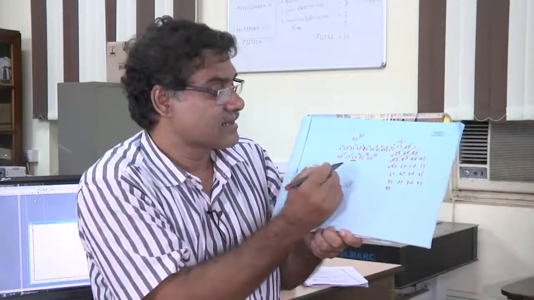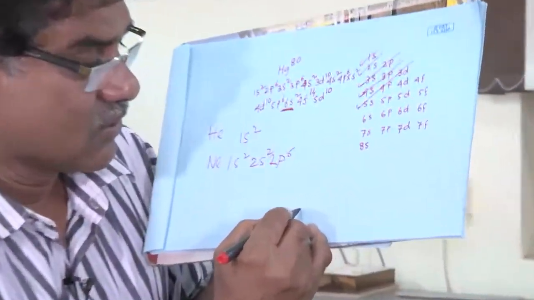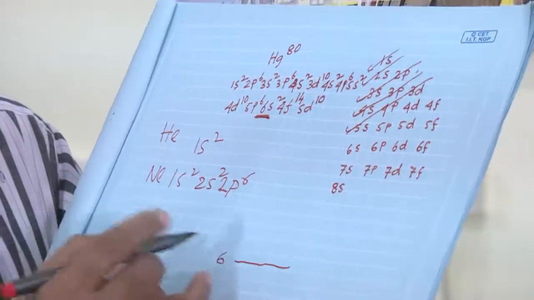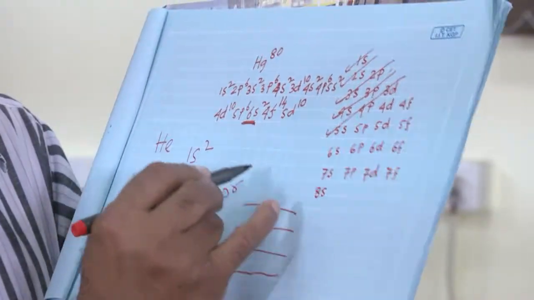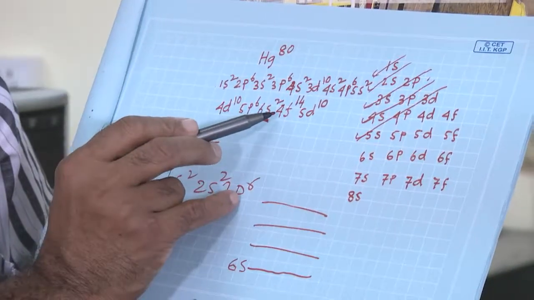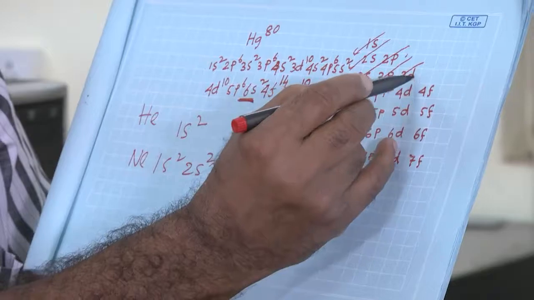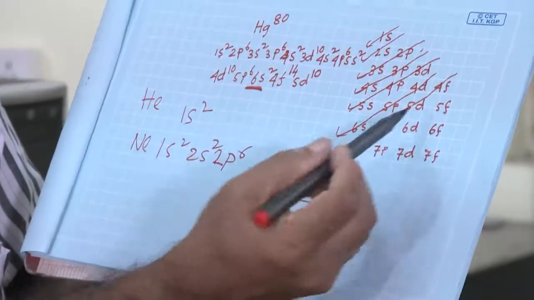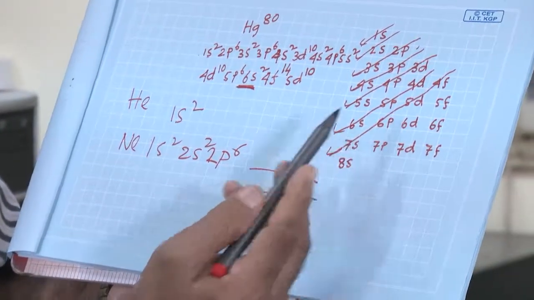Okay. So now the outermost energy level is the 6th level, 6s. Now we can plot the others: then you have 4f, 5d, then 4f is full, 5d is full, 6p.